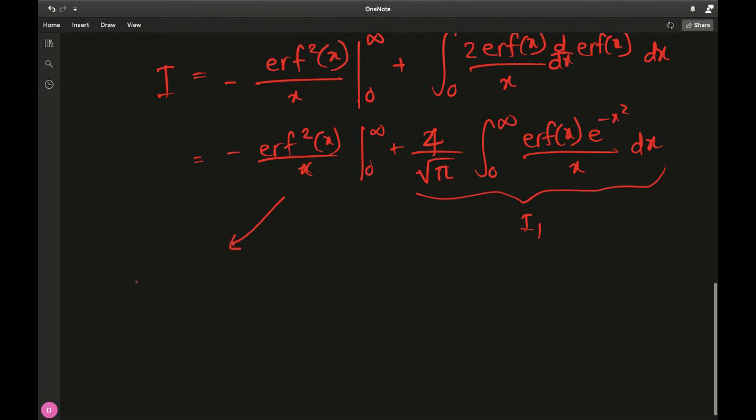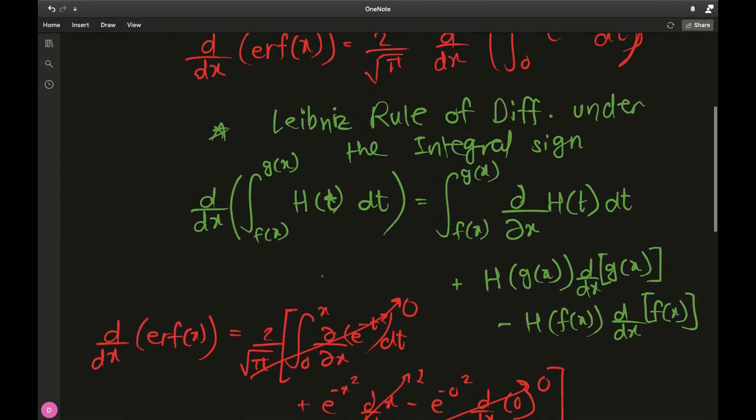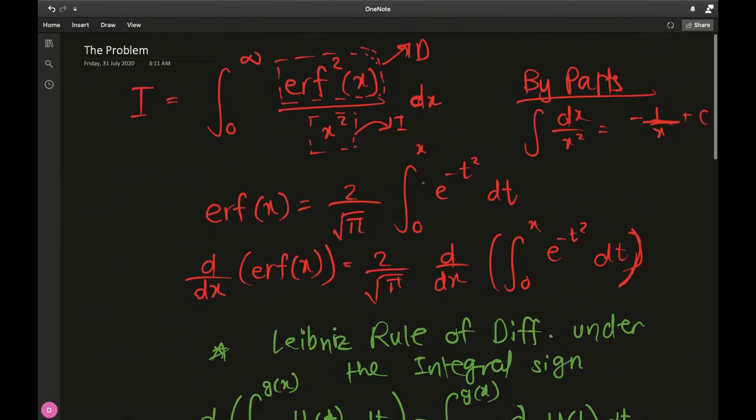So when I plug in infinity, we have minus the limit as x tends to infinity of error function squared of x over x. Noticing the original error function that we defined, if you let x go to infinity, you'll have the integral from 0 to infinity of e to the negative t squared dt, which is exactly square root of pi over 2. So we have 2 over square root of pi times square root of pi over 2, which will be 1.